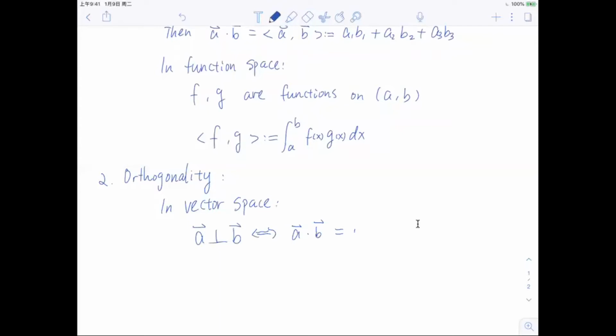I'll write it in this way. So orthogonality is equivalent with inner product equals to 0. Since we have defined inner product in function space, we can also define orthogonality in functional space.